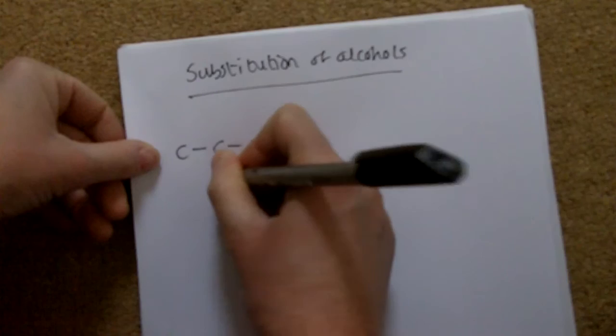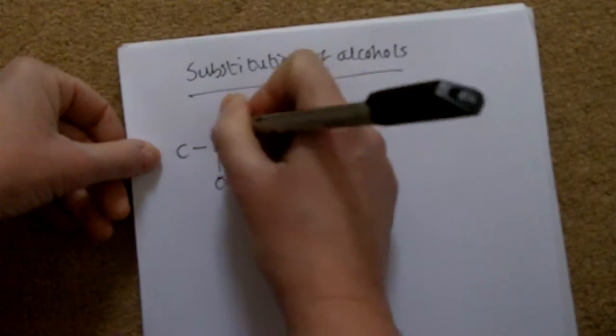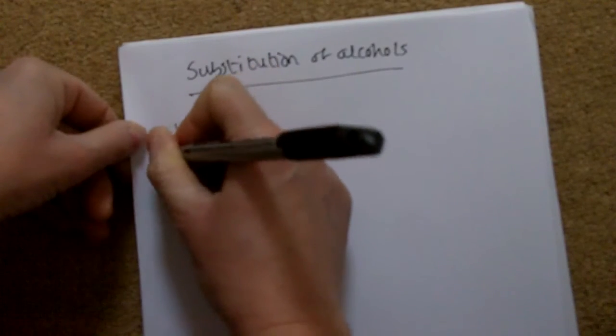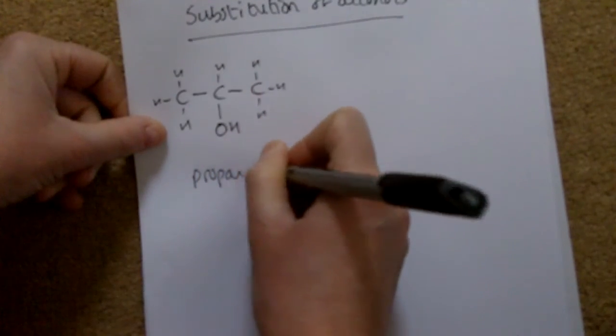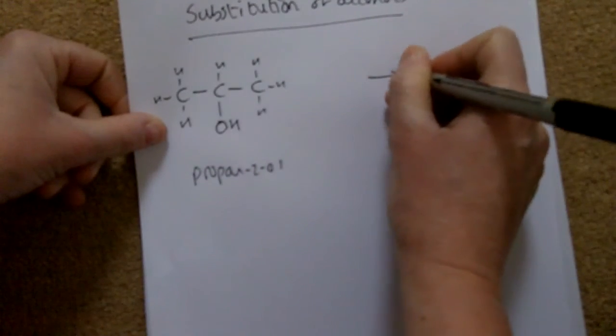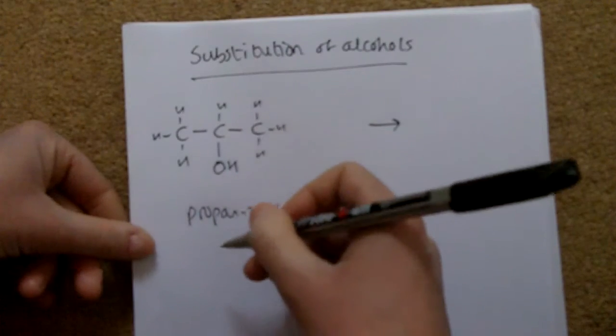Let's just take propan-2-ol. It doesn't matter which example we take. And what we can do is we can substitute the OH for a halogen.